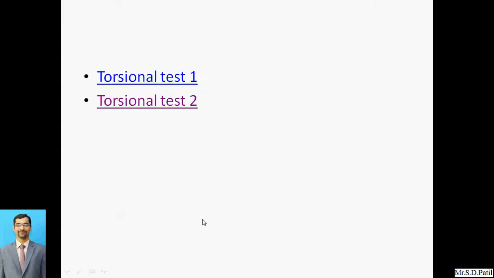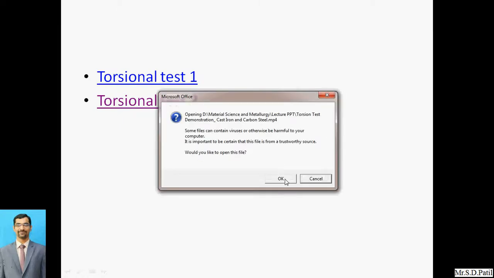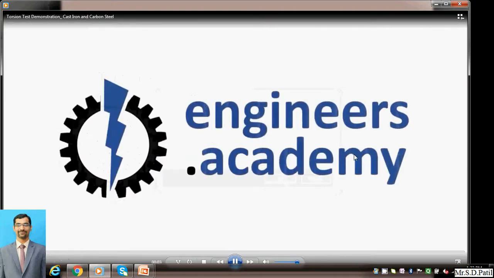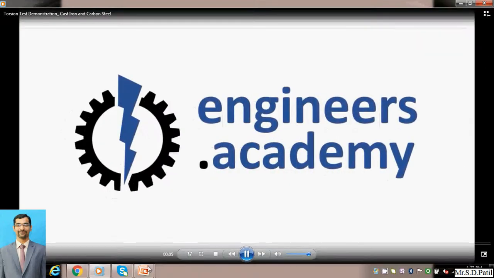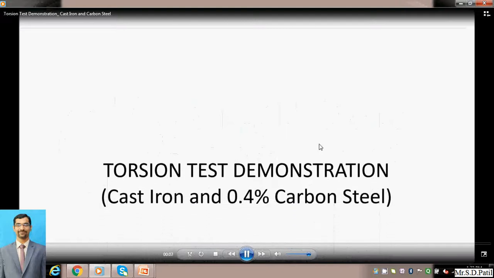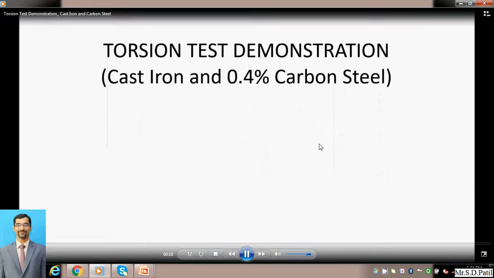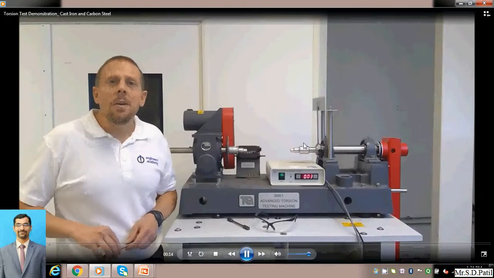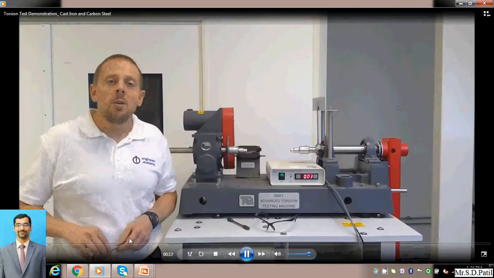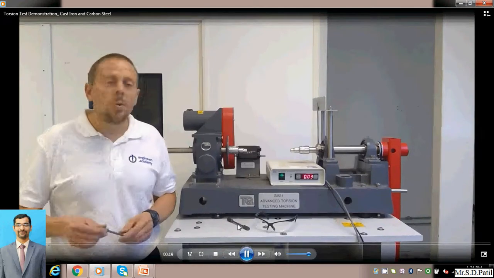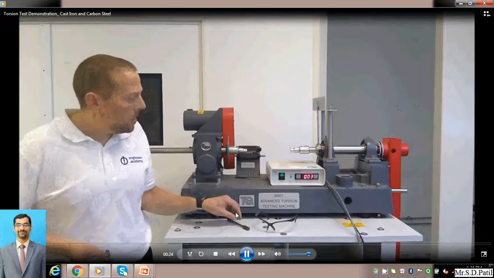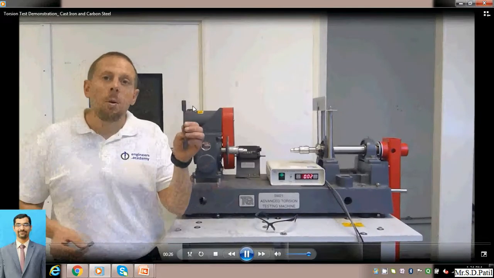Now we are going to see a very interesting phenomenon in this torsional test. Here we can observe how the phenomenon occurs. The demonstration is for cast iron and 0.4% steel. Basically we are taking two components for this test: this is the component of cast iron and this is the component of steel.